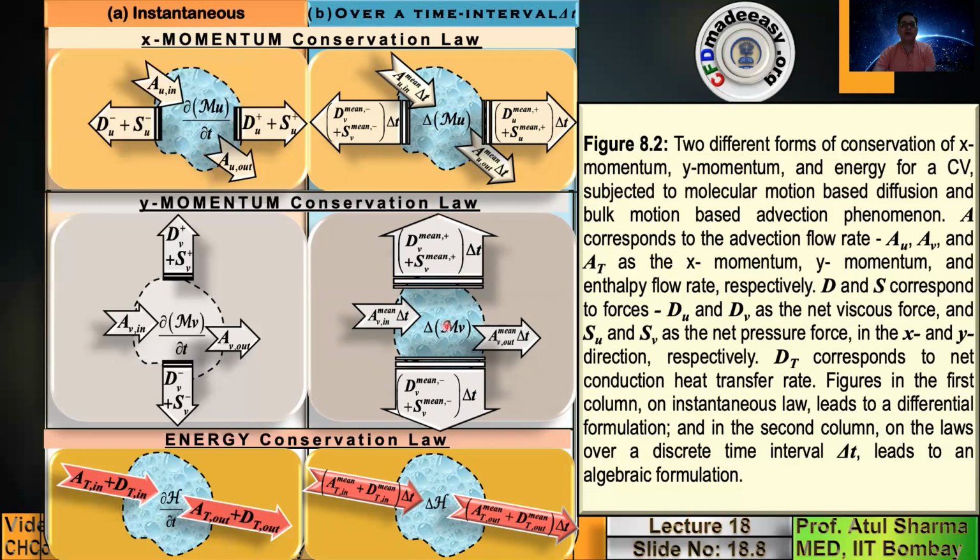For the present topic, we will use the discrete form of the conservation law, which is in the second column here, and we'll consider this in the later slides for the algebraic formulation. The present finite volume method, which gives you the algebraic formulation, uses the discrete form of the conservation law, where the statement corresponds to a time interval, and the bar presents the flux terms as time averaged values.